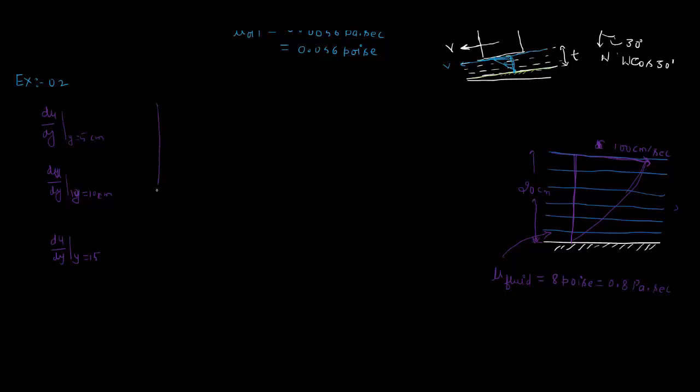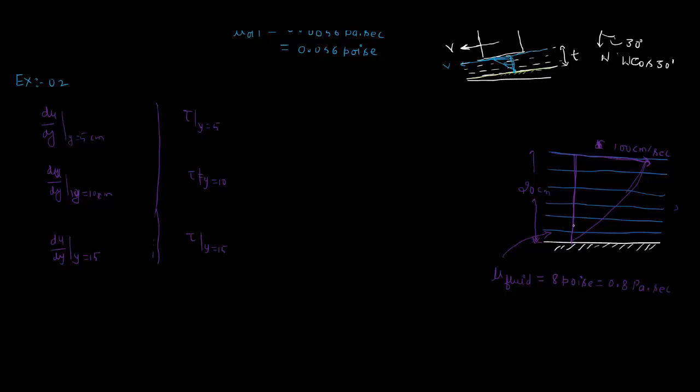Similarly, I want to calculate shear stress at y equals to 5 centimeter, shear stress at y equals to 10 centimeter, and shear stress at y equals to 15 centimeter from the solid surface.